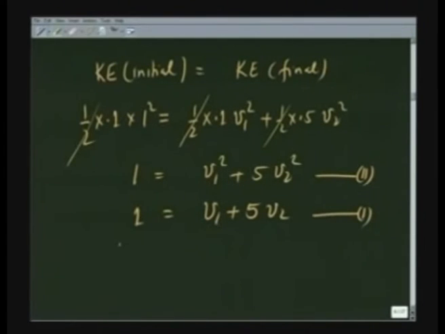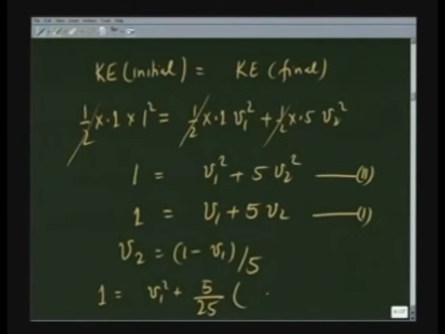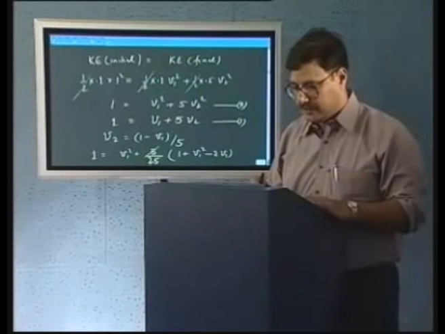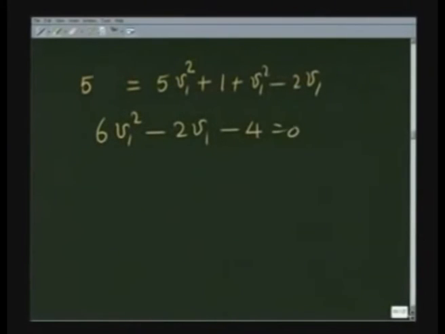So I take the value of v2, which is (1 minus v1) over 5, from the first equation, and substitute in the second equation to get 1 equals v1 square plus 5 over 25 times (1 plus v1 square minus 2 v1), and therefore I get 5 is equal to 5 v1 square plus 1 plus v1 square minus 2 v1, or 6 v1 square minus 2 v1 minus 4 is equal to 0, or 3 v1 square minus v1 minus 2 is equal to 0.